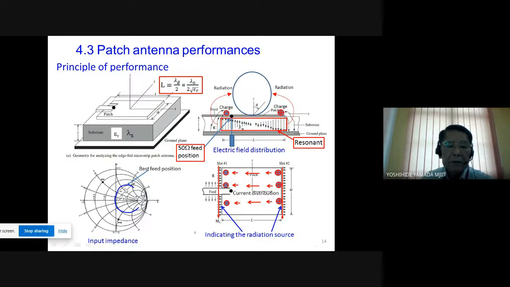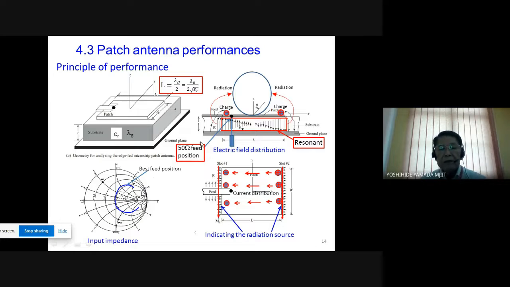And this is the impedance locus of the patch antenna. If the best feed position is selected, this becomes almost exactly 50 ohm. If this feed is moved to the open side, this goes to the right side, high impedance. If the feed position is selected near the center, this moves to the left side, smaller impedance.